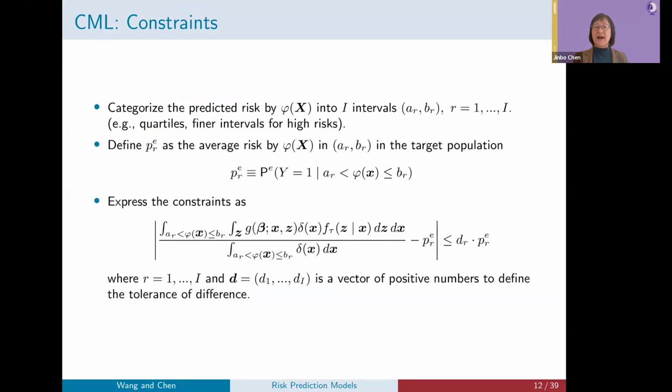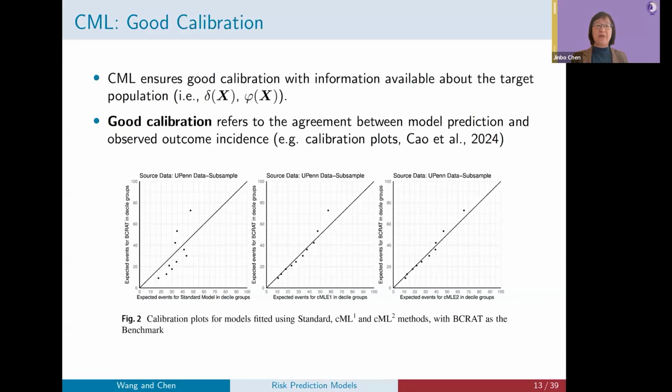How close they are is actually the tuning parameter we enforce ourselves. Then we just maximize the standard likelihood function in the source data under this constraint. By enforcing this constraint, we actually ensure the calibration of the developed model in this target population.